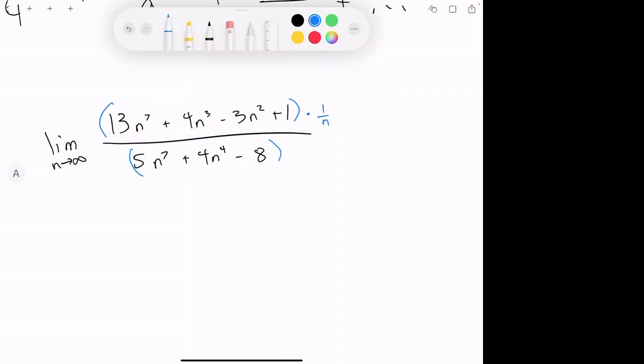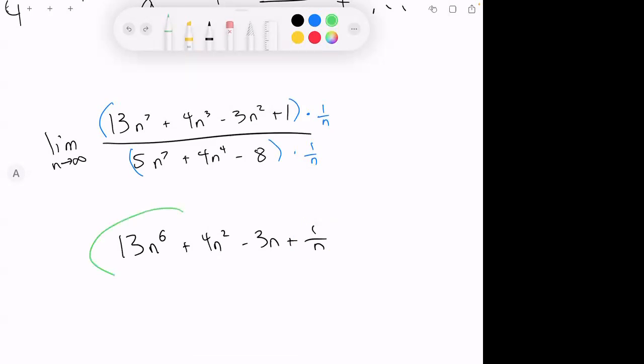So if I just get rid of a single n though, that's not going to be enough, right? Because this leading term would still have 6 n's in it. This one would still have 2. This one would still have 1. And then this one would now be 1 over n, right? So now when I plug in infinity, I know how to handle this one. So that's cool. But these are all still untenable, right?